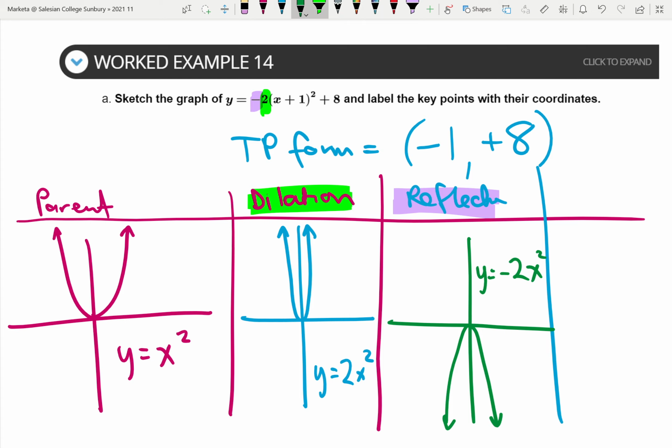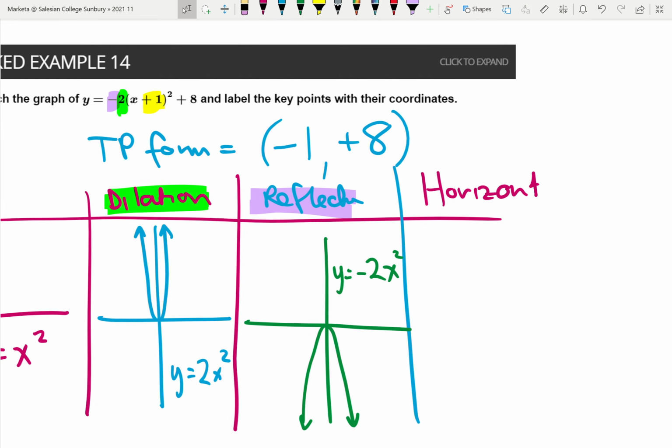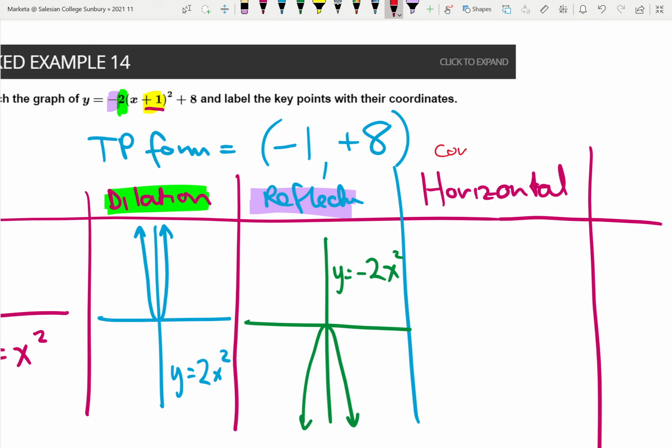The only things left are the +1 and the +8. Let's go for the +1. This is our horizontal shift. And as I said, if it's in brackets with the x, so I'm going to say it's connected to the x, it goes the opposite direction.